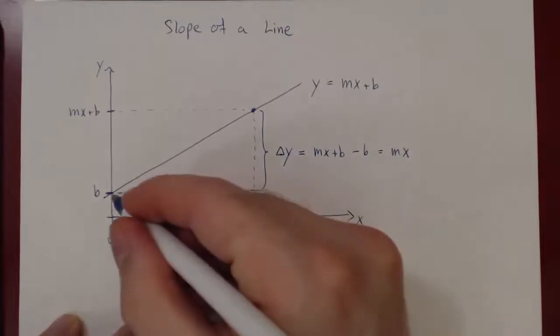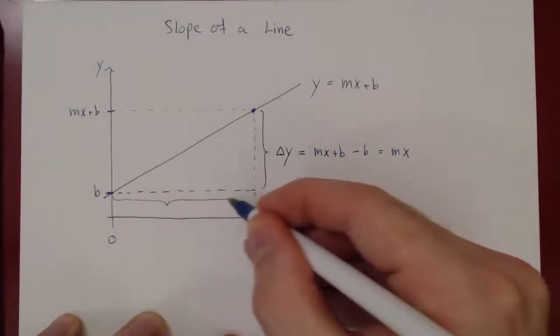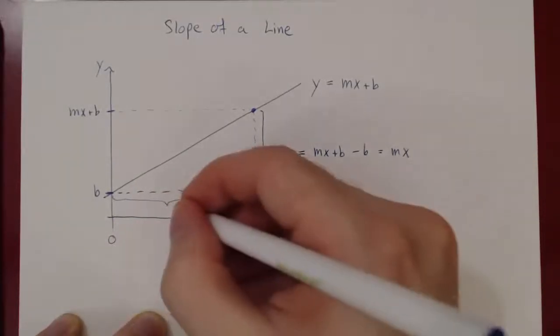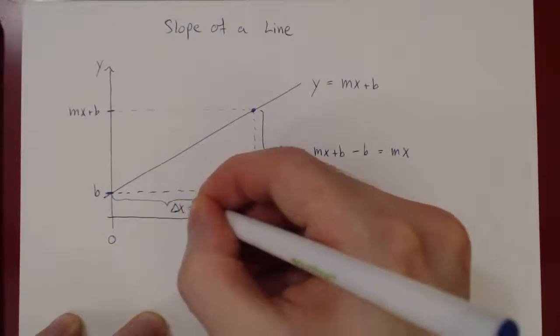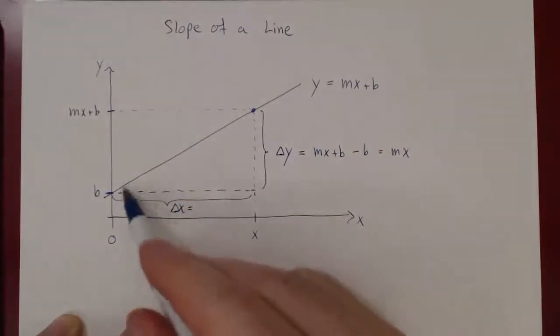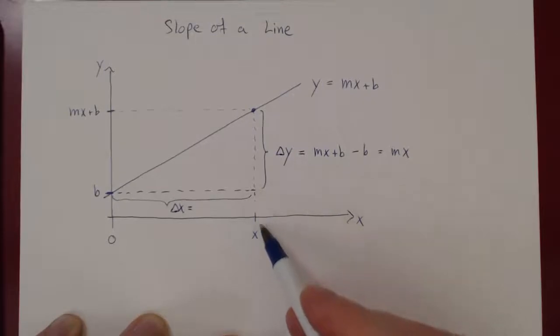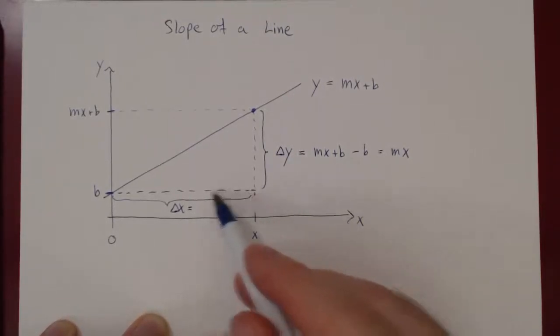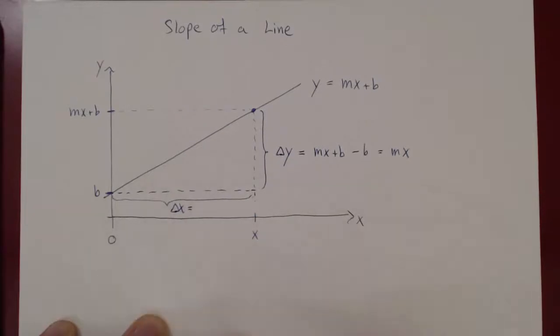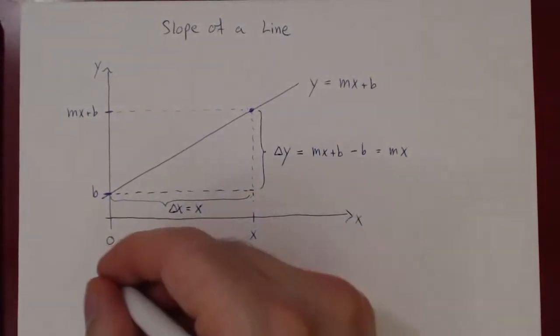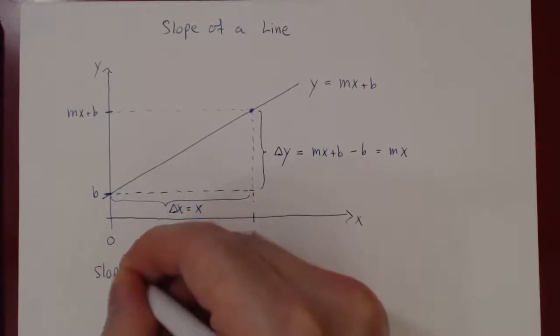What about the change in x? Well, this will be denoted by delta x, and it is a change along the x-axis, and so it is the greater x value, x, minus the smaller x value, 0, but x minus 0 is just x. So we can find the slope now.